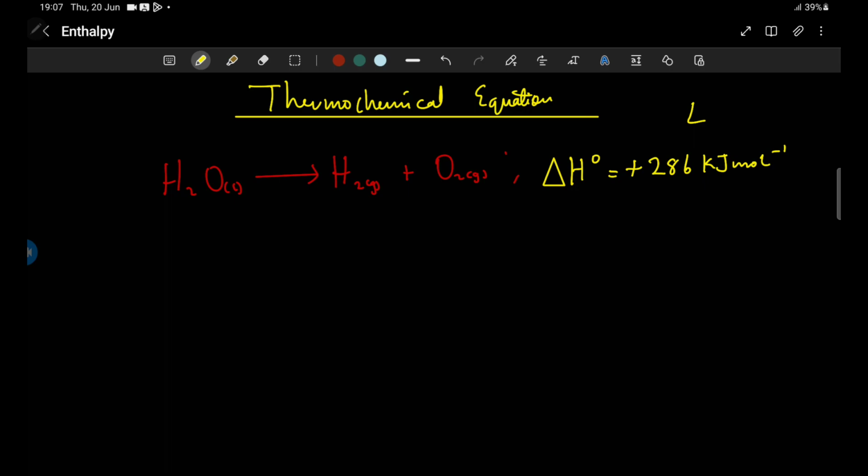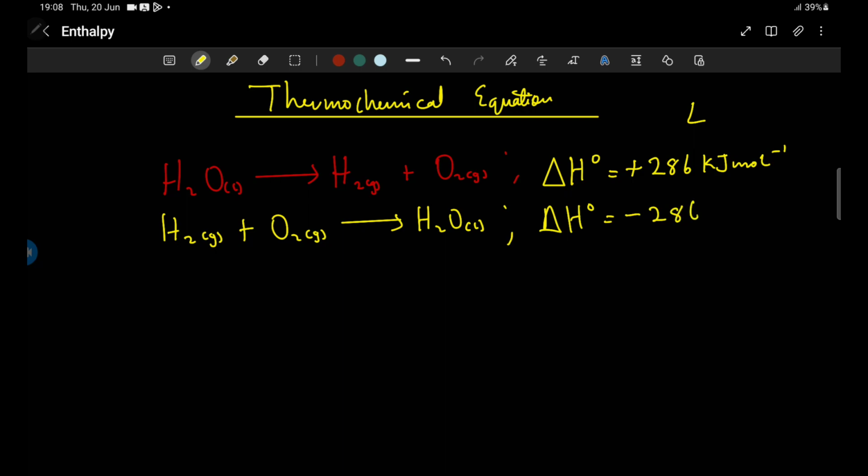Another example, let me show you something. If we turn this around, like I explained earlier, this will be positive. The other will be negative, the same value.